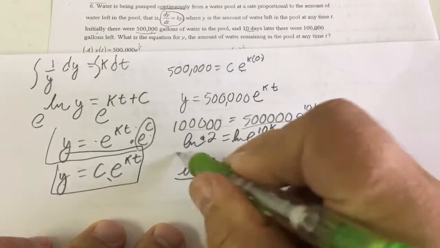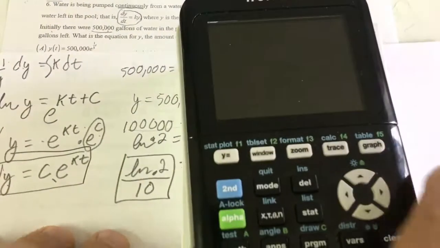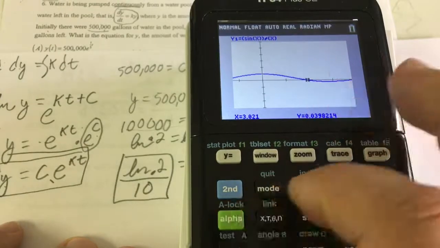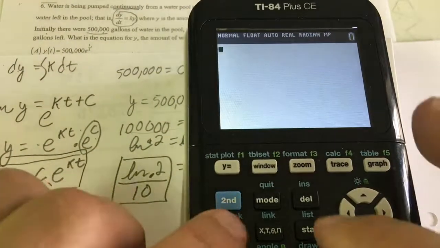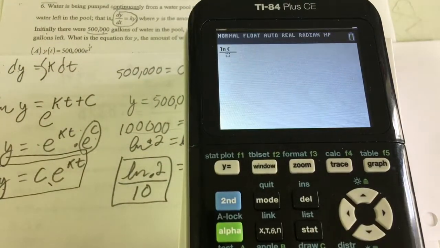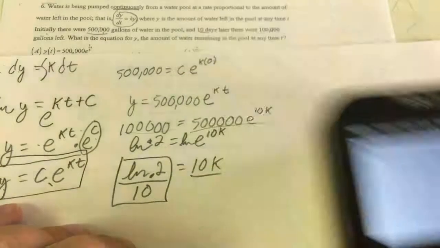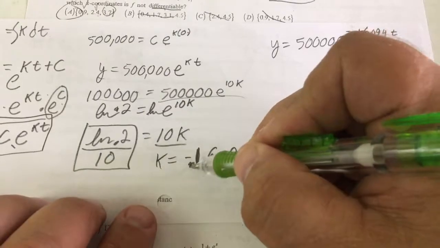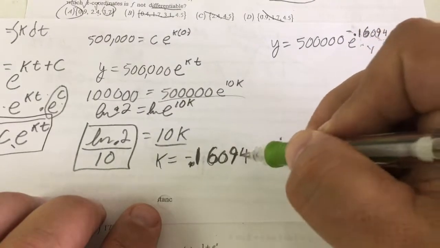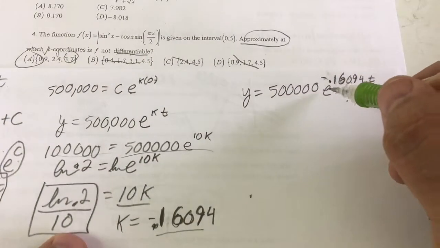Divide both sides by 10. And that's going to tell me what k equals. k equals negative 0.16094. So that's my k.